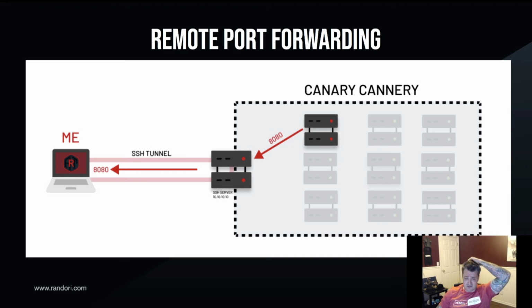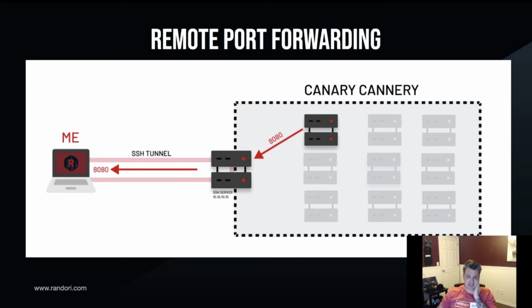So now I can do what's called a remote port forward. From my box, I will set it up so that port 8080 on this SSH box actually forwards, instead of this way, this way. So if you go to port 8080 here, it actually comes and hits my box on port 8080.